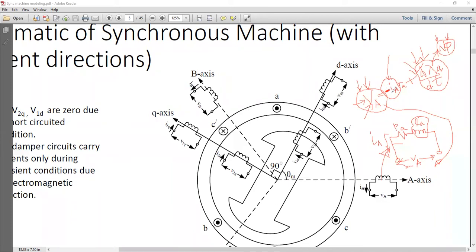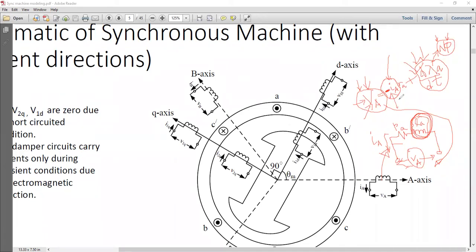You can explain it in two different ways. One way is to simply say that current is coming out of the circuit, so there should be a minus sign before IA. It is not going into the circuit; if it were going in, there would be no minus. The other way is that because current is coming out of the circuit and VA is the output terminal voltage for this coil, VA should be less than whatever voltage is actually induced in this coil. That's another way to explain this minus sign.